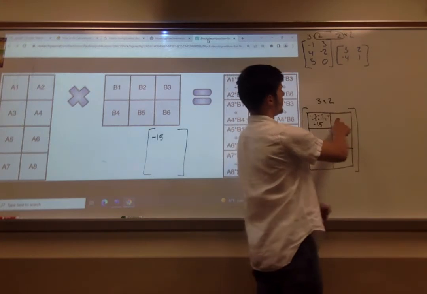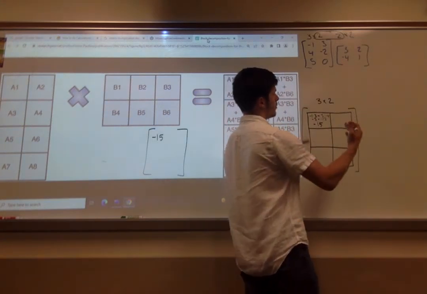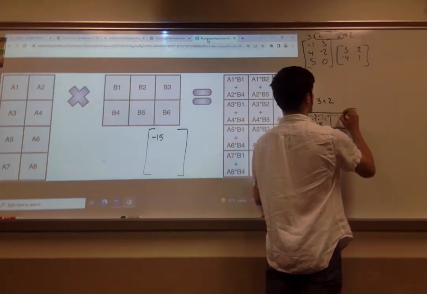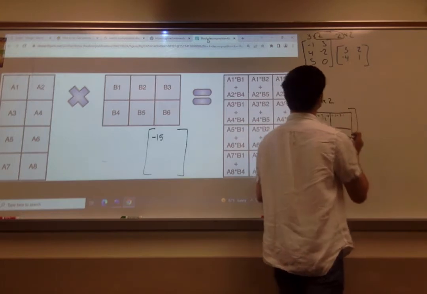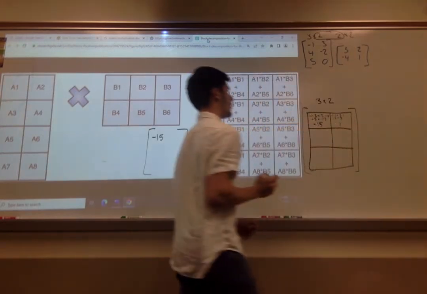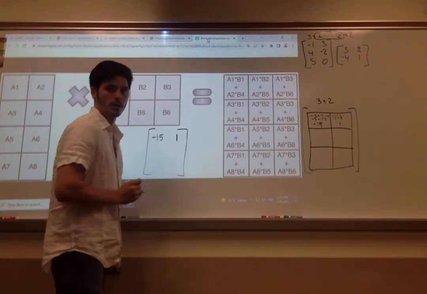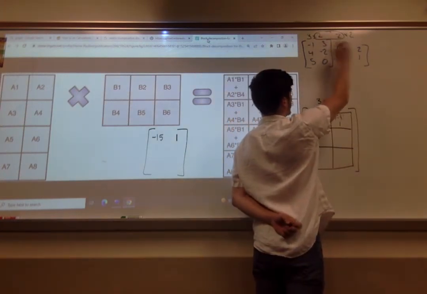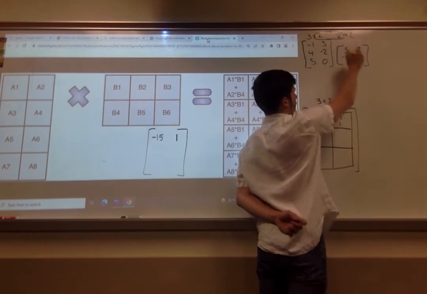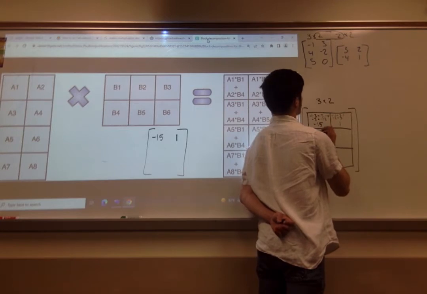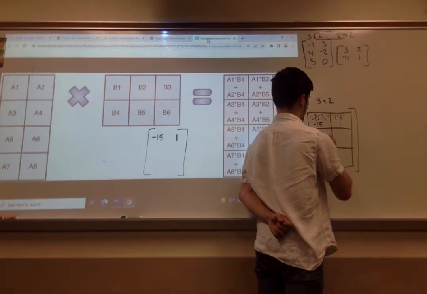If we go to the next one, still in the top row, but on the right column now, it's -1 times 2 plus 3 times 1. So we have -2 plus 3, 1. That goes there. Next box, middle row, left column. So 4 times 3 plus -2 times -4. So we have 12 plus 8. That is 20.